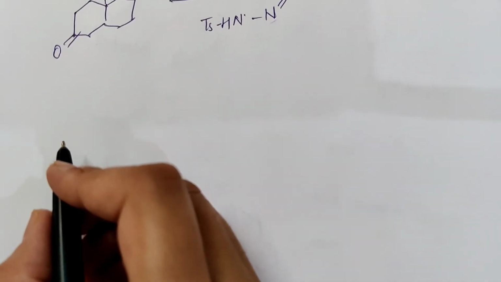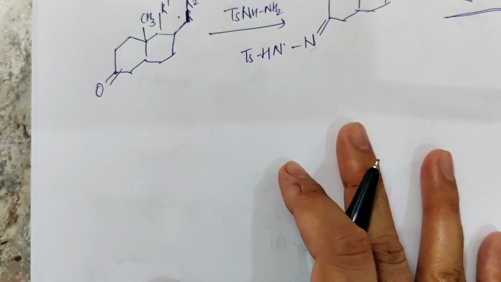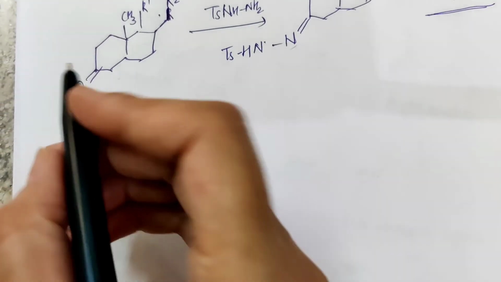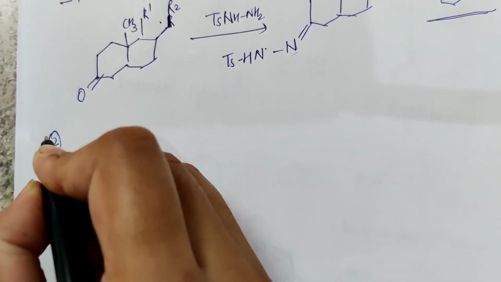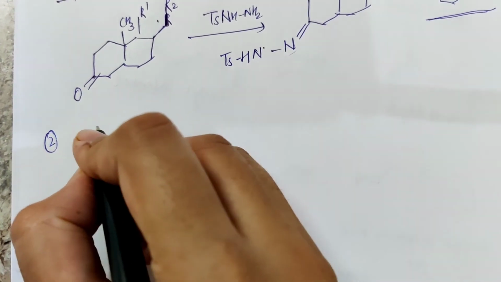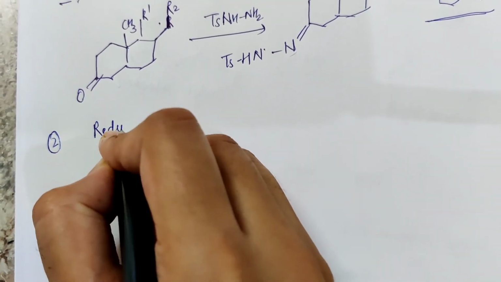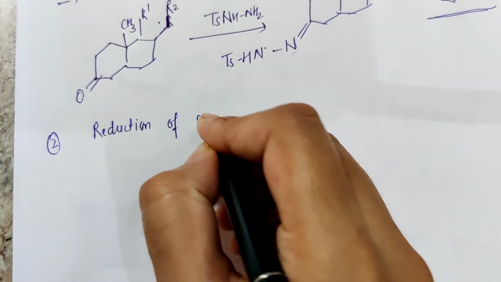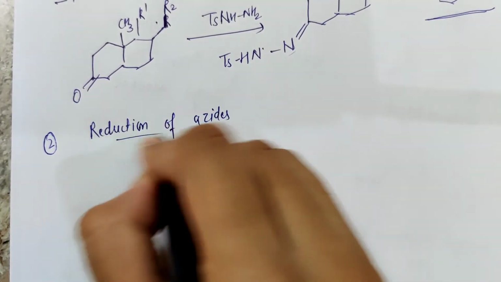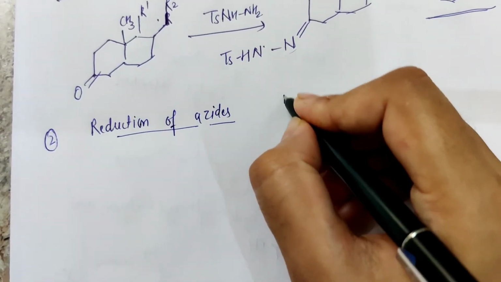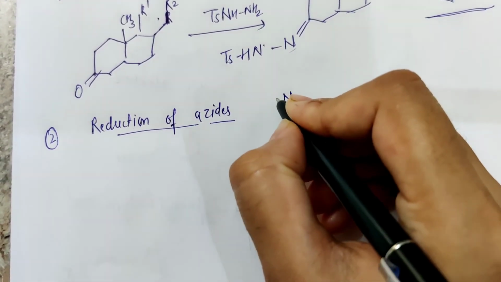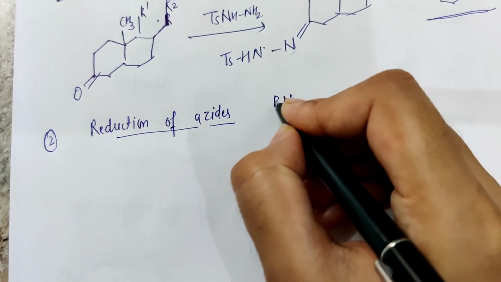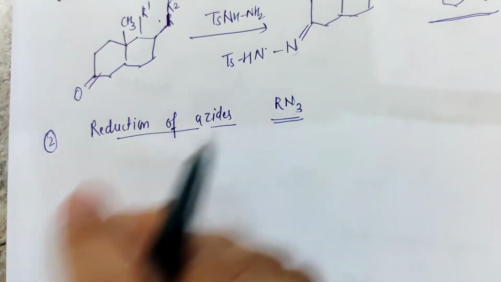The second thing that is reduced by NaBH4 is azide. Reduction of azides. So azide is this functional group. This is azide.